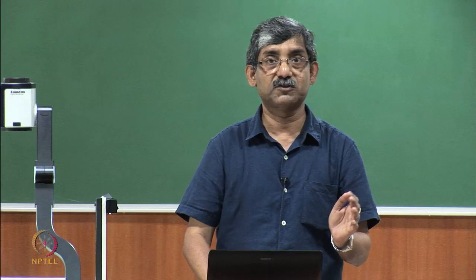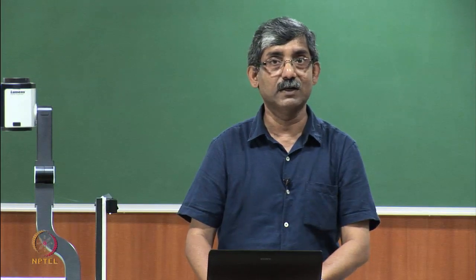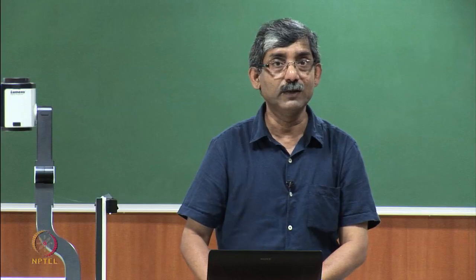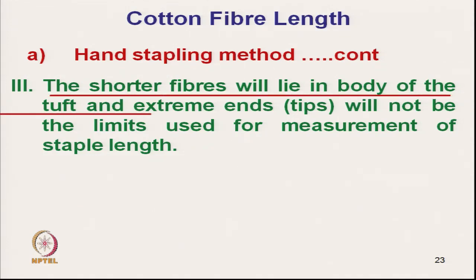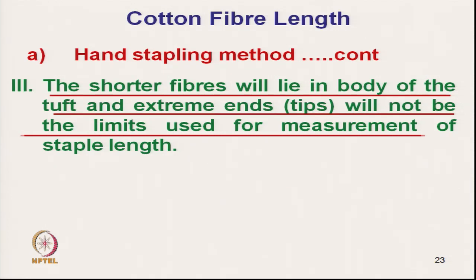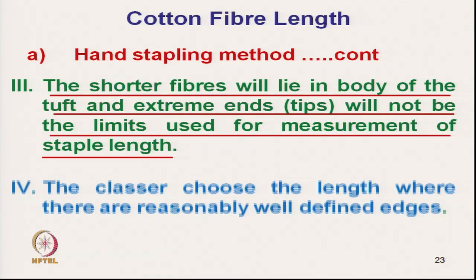The short fibers will lie on the body of the tuft, not at the extreme. The extreme ends, that is the tips, as I have mentioned, will not be the limit used for measuring the staple length. We will not take the extreme end into account. We will take the limit where there is a clear change in density, suddenly from the denser portion to the lighter portion, where we can see a rough line.